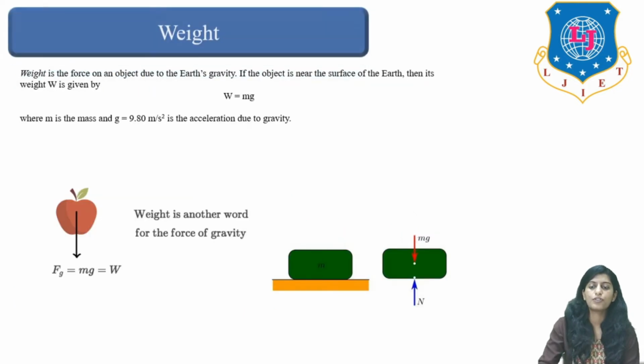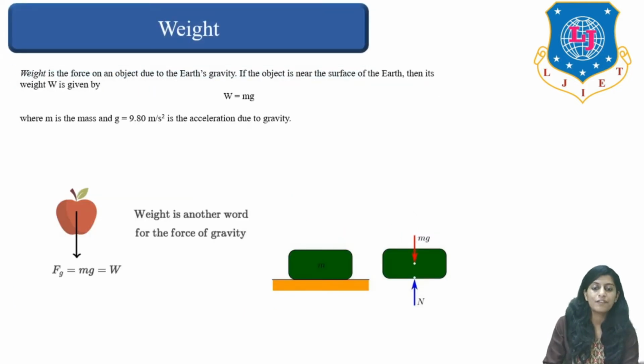Now moving ahead to the next, which is weight. So what is weight? Weight is basically a force on any object due to gravity. Any object which is experiencing some kind of force due to gravity, that force is termed as weight, right?